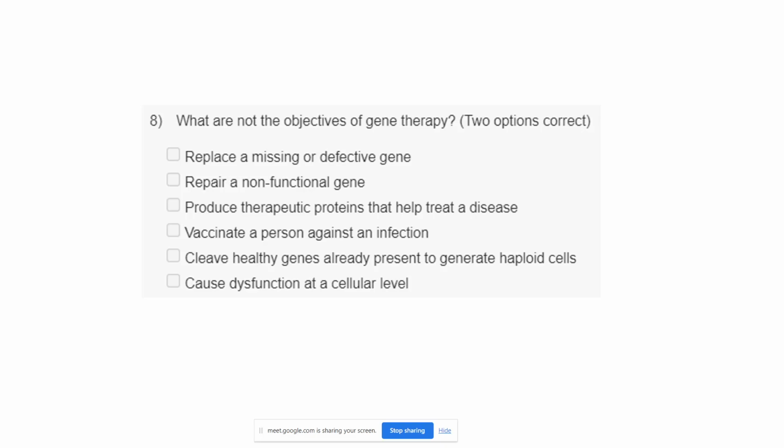Okay, here is the next question. Eighth question. What are not the objectives of gene therapy? You have to select two correct options. Let me know what you think the answer is.